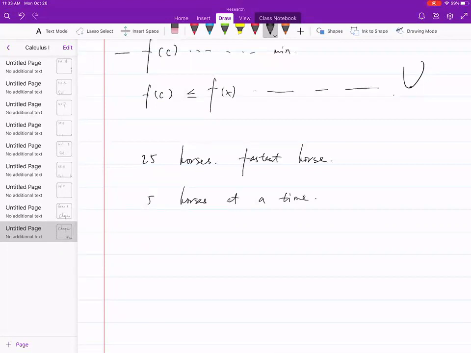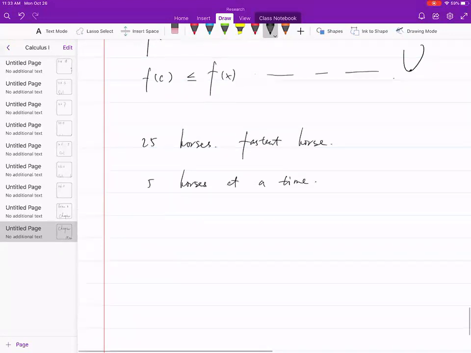Is the setup okay so far? Okay. So what are you going to do? Well, you can run 5 horses at a time. You run 5 matches. Okay, each time 5 horses. So what you're going to get is you're going to have 5 champions, 5 fastest horses.